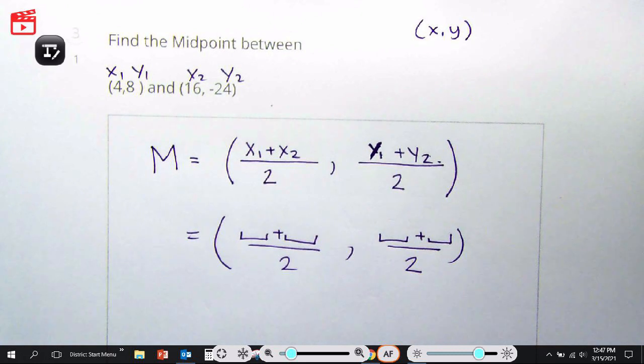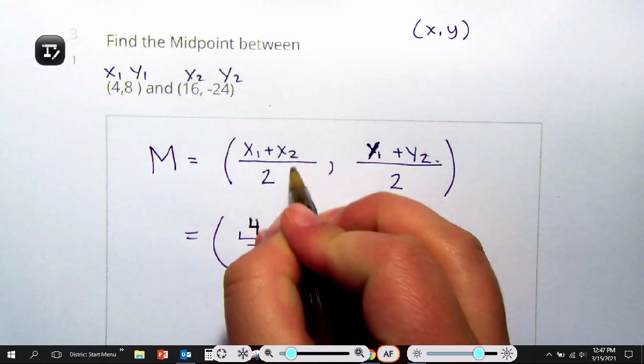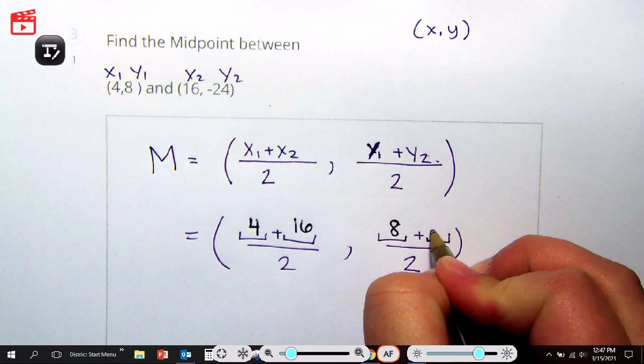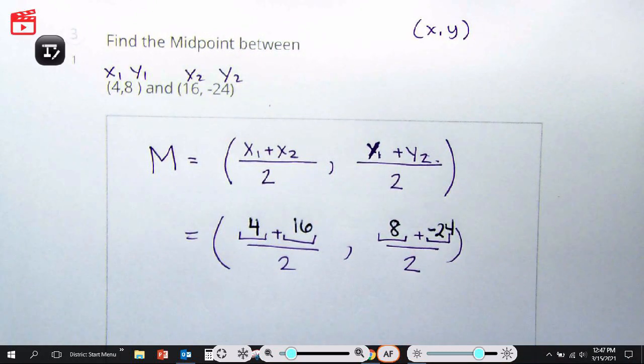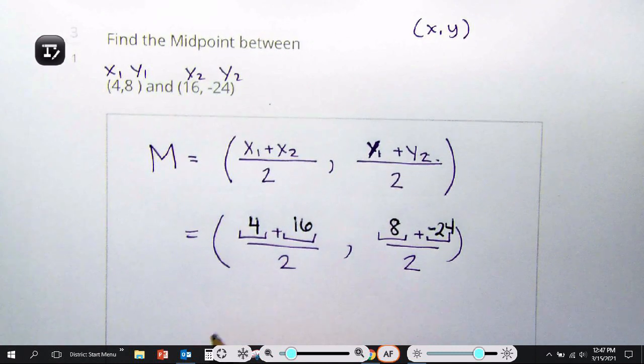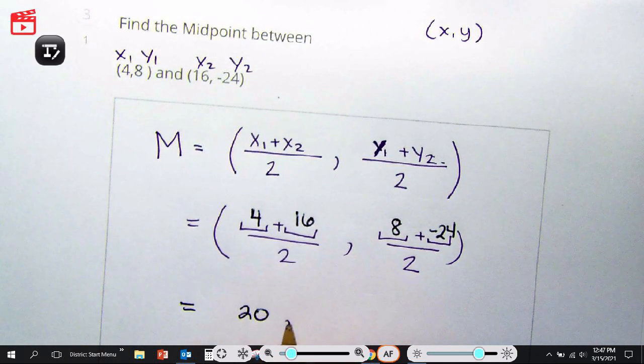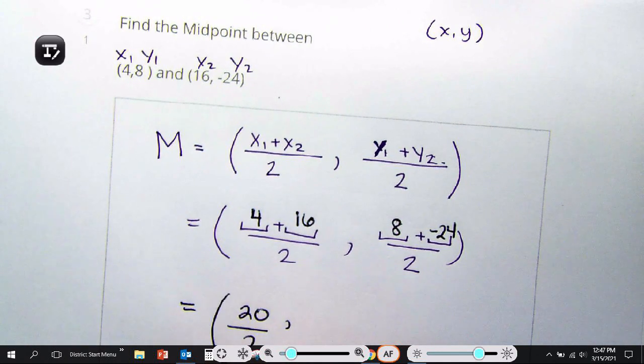Okay, x1 is 4, x2 is 16, y1 is 8, y2 is negative 24. And again, using my calculator, no big deal. 4 plus 16, that is 20, comma, I still have my divided by 2, that doesn't change.